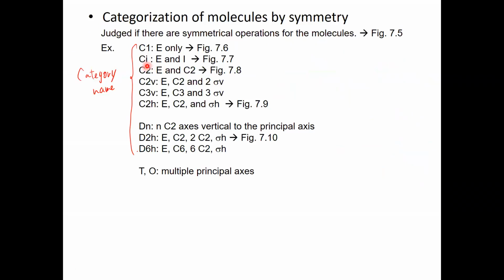And then the next one is Ci. In this category, you have E and i operations. Of course, you have E, but also only the inversion symmetry.